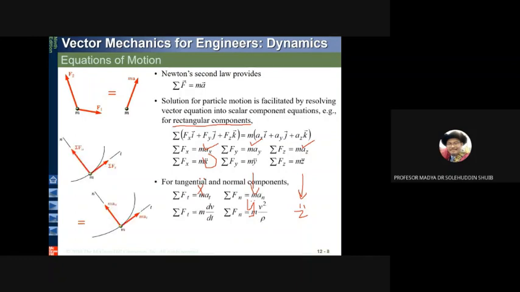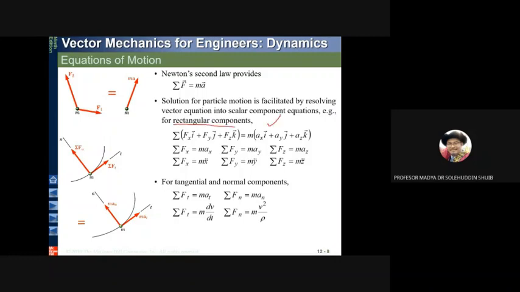We can also write in terms of tangential and normal component. This one is straightforward for rectangular component.